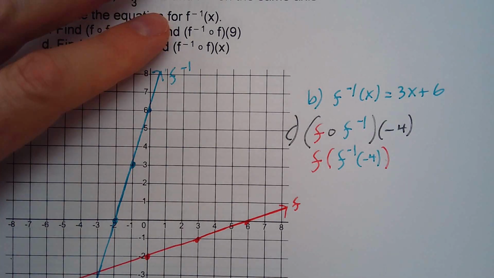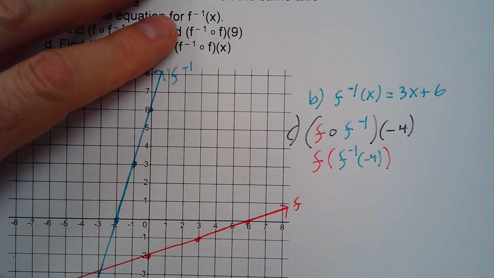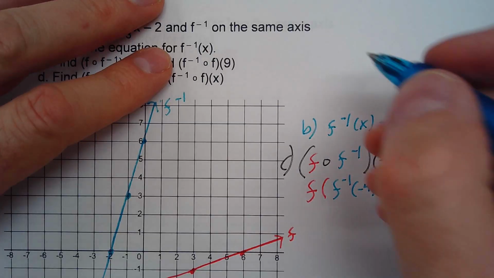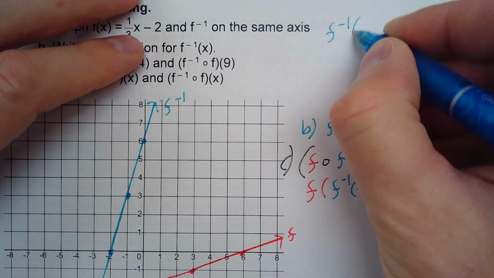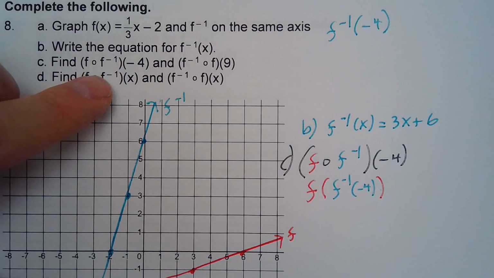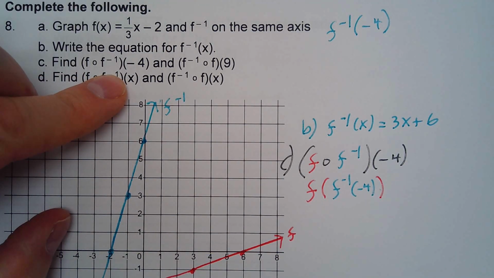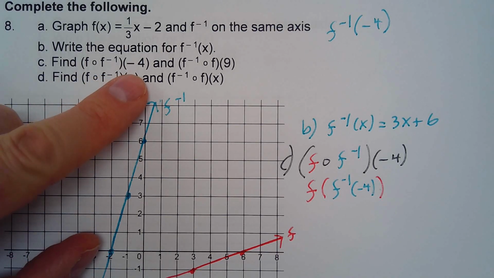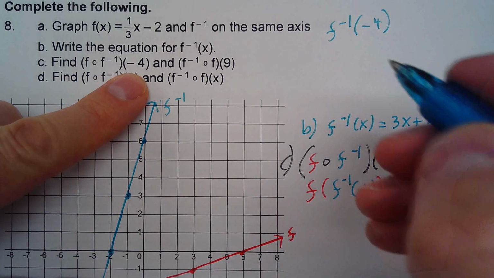Excuse me on that. So I'm going to go to my scratch paper. Let's find f of f inverse of -4. I'm not going to easily read off that graph, so let me just do it algebraically because we know what the equation is.